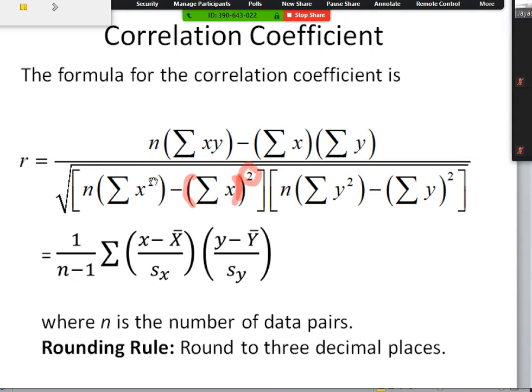So here you square every x first, and then sum them. And over here, you sum the x's first, and then square them. Similarly here, n times the sum of all the y's squared: first you square the y's, and then you add them up. And then here, with parentheses, you add them up first, and then you square them.